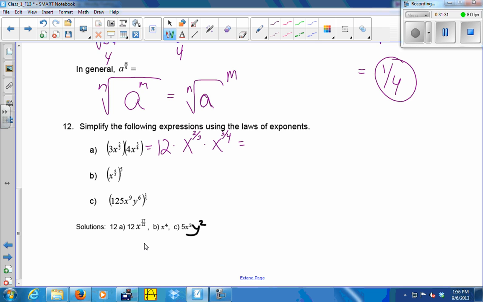Add the exponents. So this ends up being 12 times x to the 2/3 plus 3/4, right? So this is 12x, and then I have to add those two fractions, and if I do it in my head, let's see, that would be 8/12 plus 9/12, which is 17/12. There we go. Good.